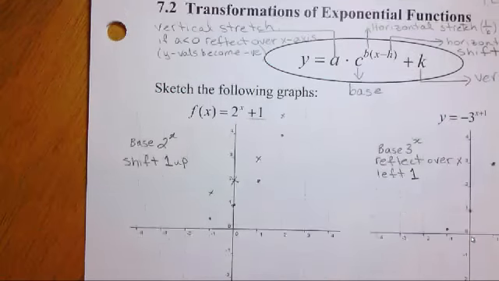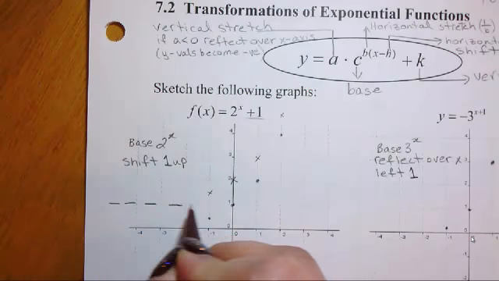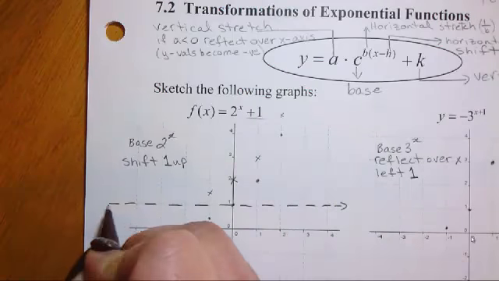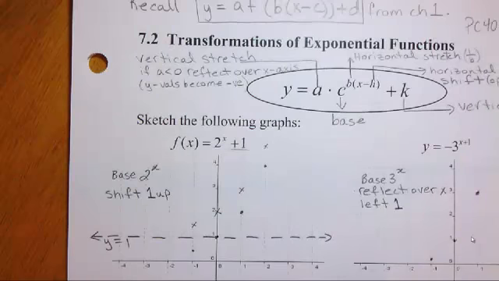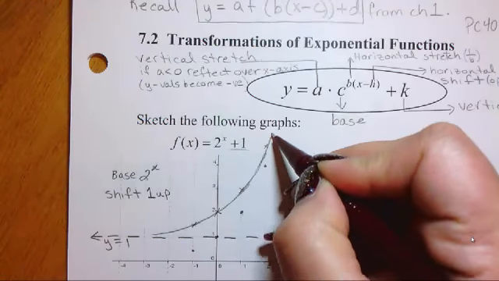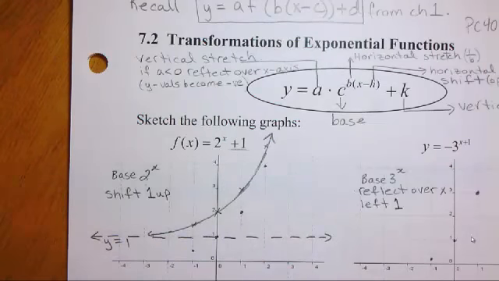All right. Now, I also have to make sure that I move my asymptote. Now, my asymptote is going to be here at y equals 1. All right, everything moves up. The whole thing moves up. Now, this exponential function right here is never going to pass the y equals 1 mark.